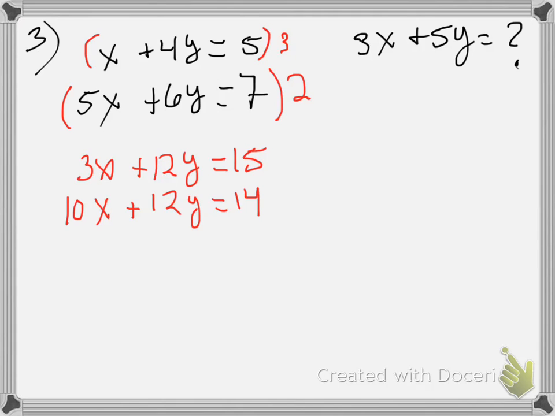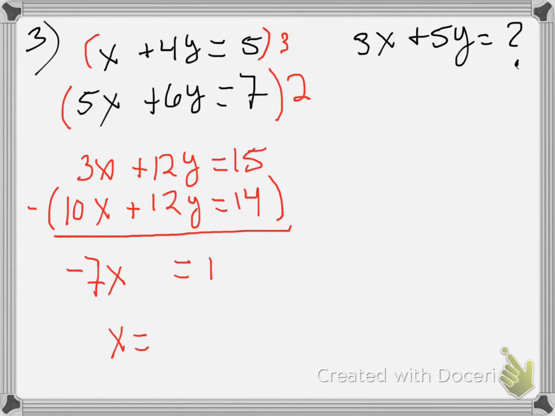So now, if I subtract that bottom equation from the top one, I get 3 minus 10 is negative 7x. 12 minus 12 is 0. 15 minus 14 is 1. So x is equal to negative 1/7.